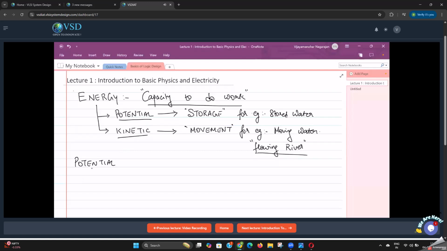Let's discuss this in various domains. If I look at the domain called mechanical energy, potential is water stored in a dam.